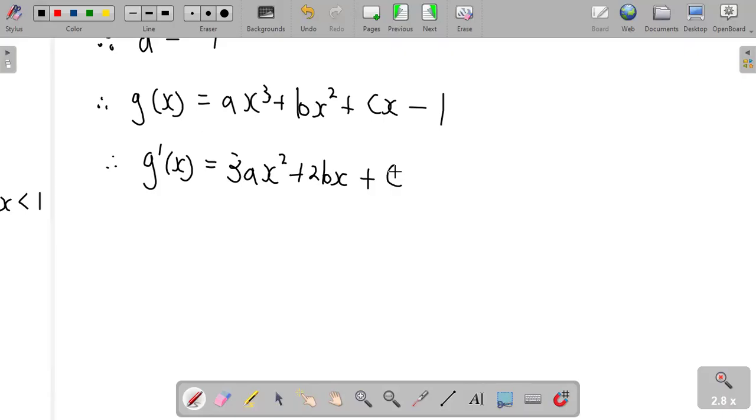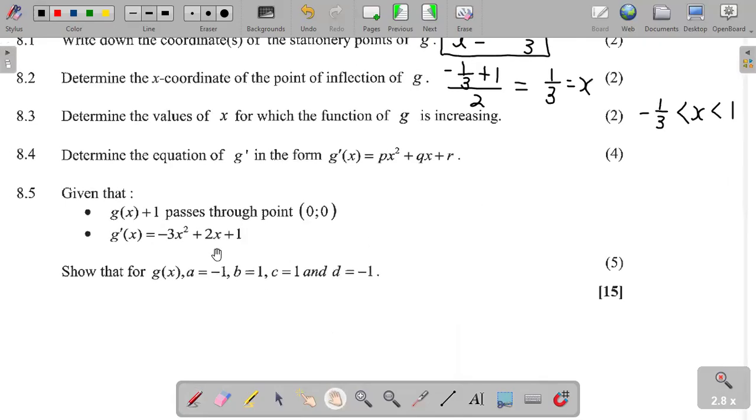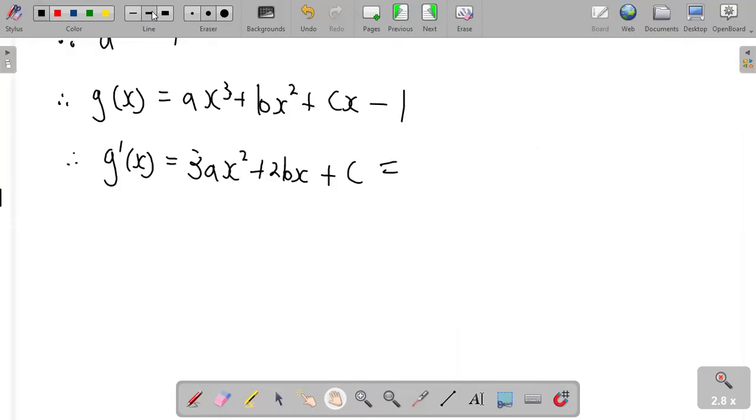And then from here we can go to what we found, which is equal to what we're given here. They say g prime of x is negative 3x squared plus 2x plus 1.